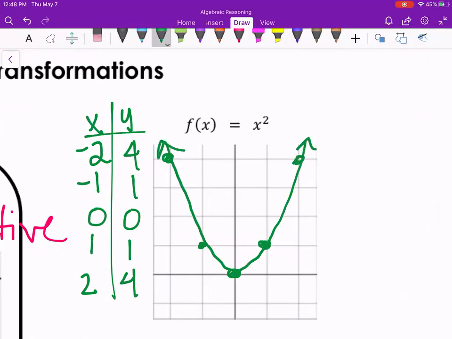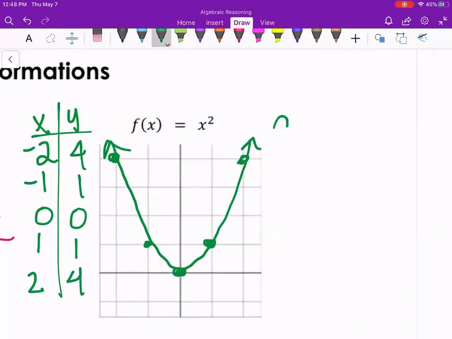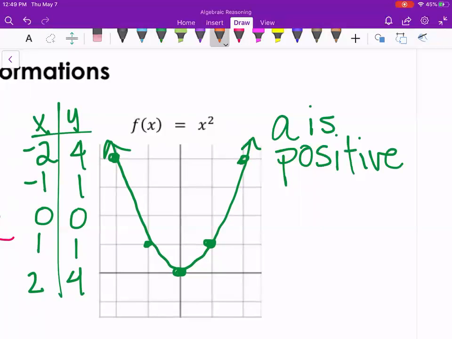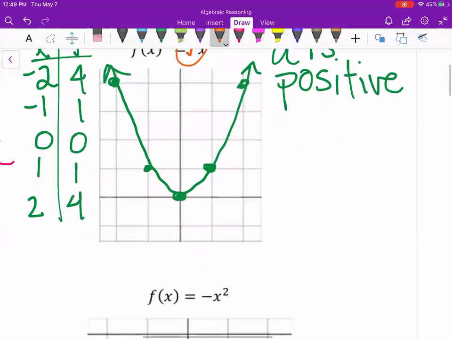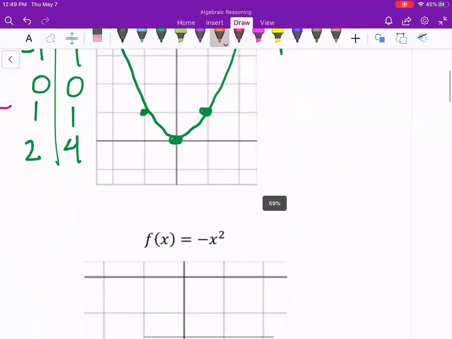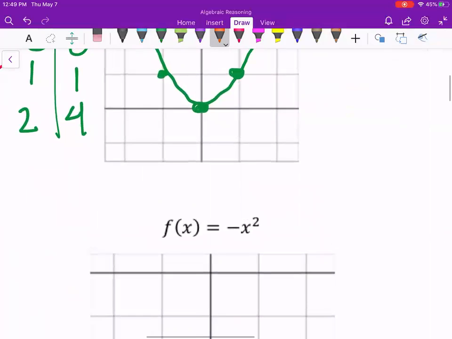And so there's our original. Right now, our A is positive. And from the equation, my A is the understood 1 in front of that x squared, +1, meaning it's going to open up. So let's see what happens when we have a negative now in front of that.